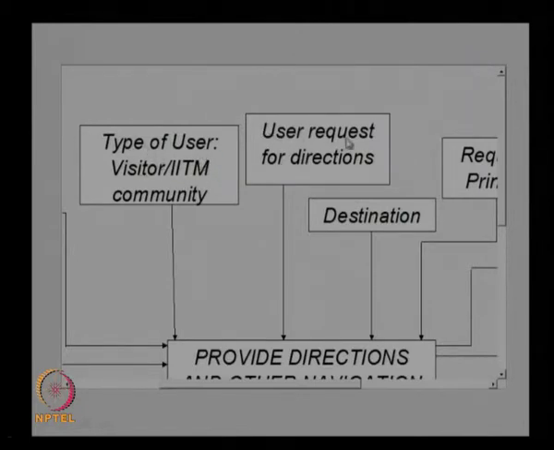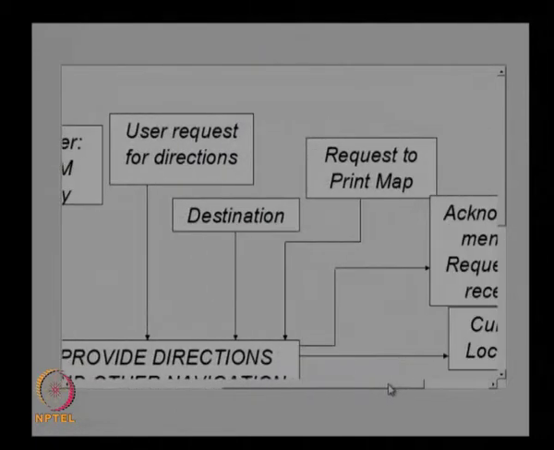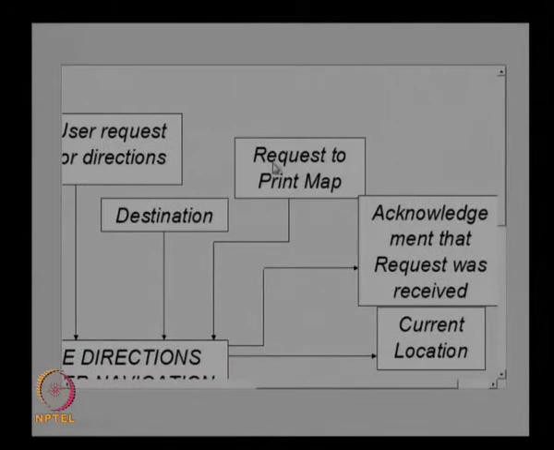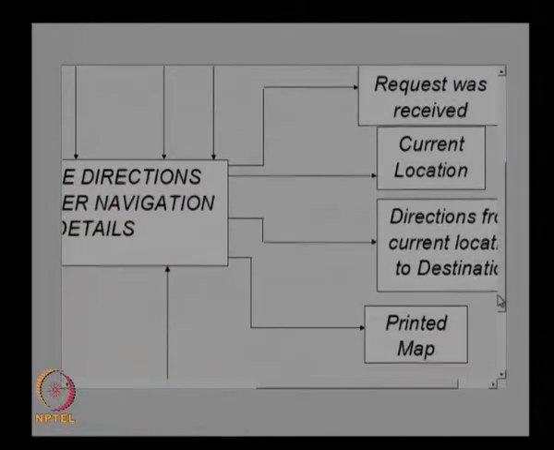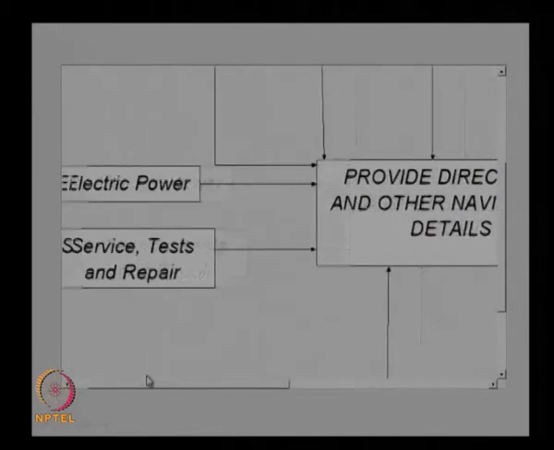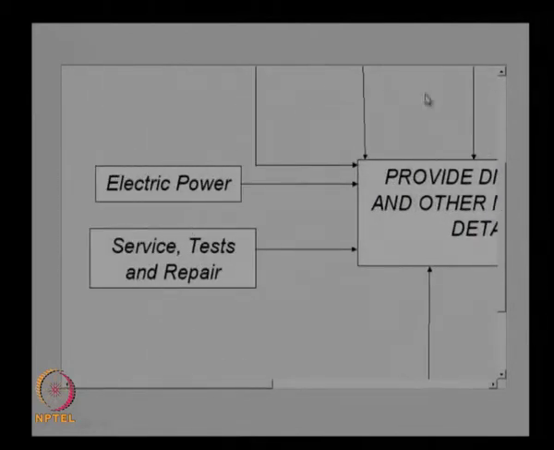Then the user requests, different kinds of requests, the destination information, and the requests from customers. Similarly, the outputs from the system are the acknowledgement, location details, navigation details, and printouts. So, these are the outputs, and these are the main inputs to the system.